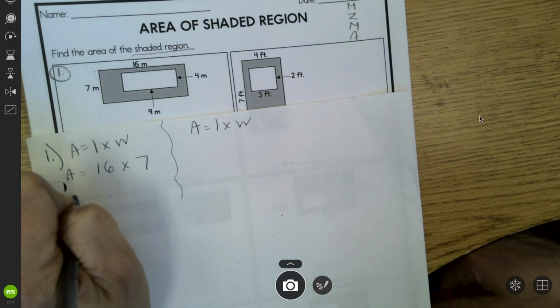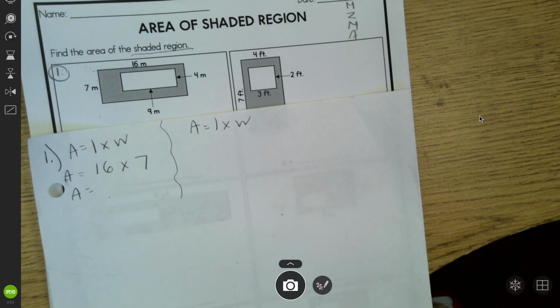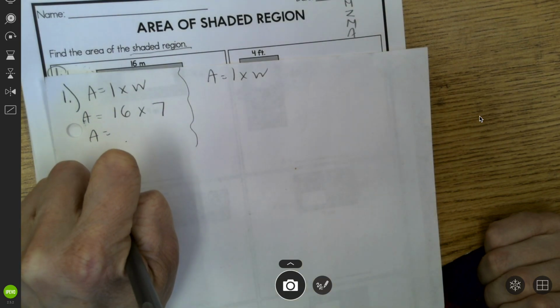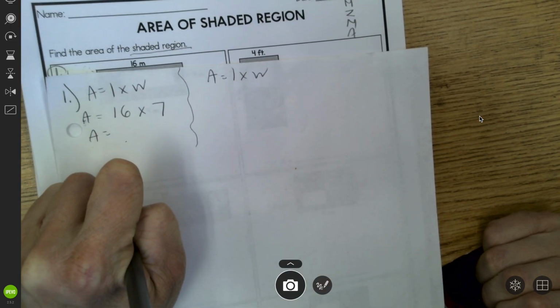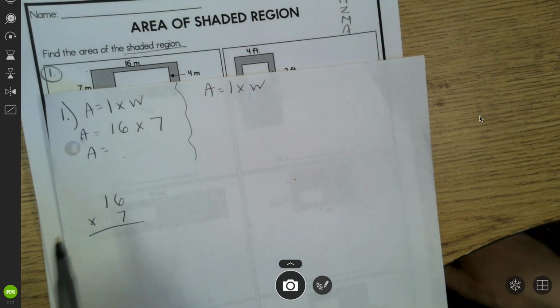16 times 7. Area equals 16 times 7, I cannot skip count, so I'm going to set up long multiplication. 16 times 7, okay? Then I'm going to multiply 7 times 6, and I'm going to skip count by 7, 6 times. 7, 14, 21, 28, 35, 42.